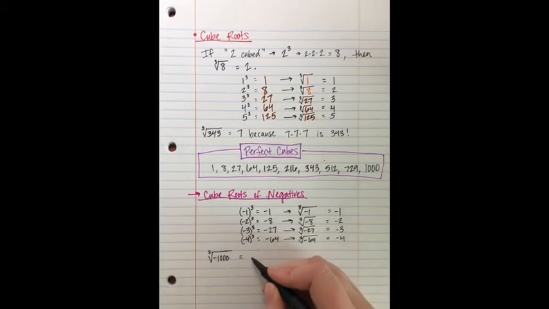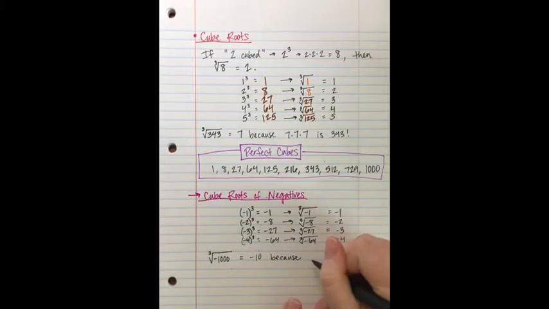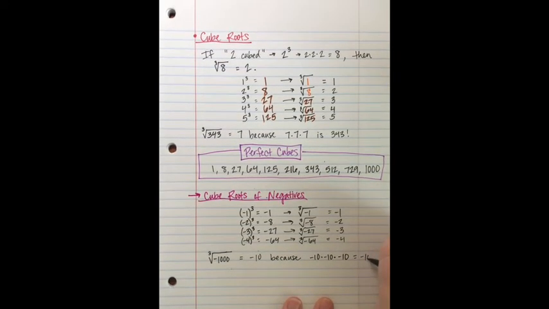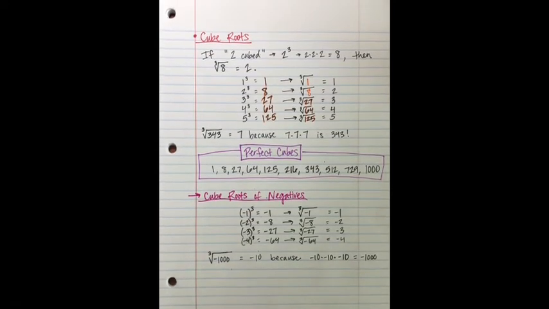Cube root of negative 1,000 is negative 10 because negative 10 times negative 10 times negative 10 equals negative 1,000. If you don't believe me, use your calculator, but it's also some mental math. Negative 10 times negative 10 is positive 100. Positive 100 times negative 10 is negative 1,000.